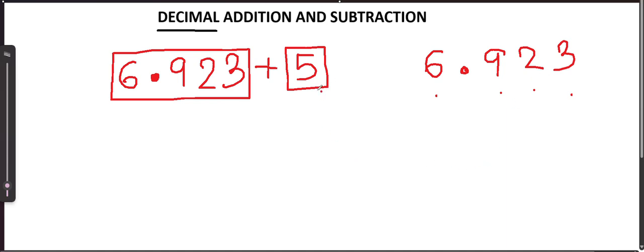Are we going to place the 5 over here, over here, over here, or over here? That's a big question. So when we have a single whole number like this, that means the decimal place is right after that. And then there can be numerous zeros after the decimal, okay? So I'm going to put the 5. 5 is just one single digit, that means it belongs to the ones place.